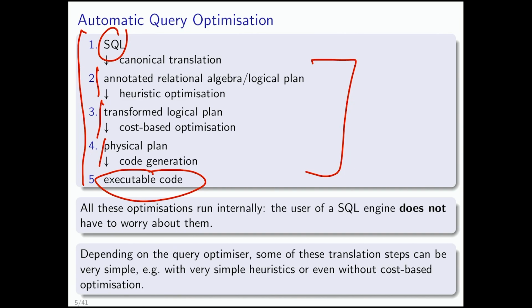I will get to the details in a moment, but basically it's a compilation process, very similar to compiling C++ to an executable. Except that we don't have C++ here, it's SQL. It's a domain-specific language being translated to an executable program. And the good thing is, you don't have to know about that. The user of a SQL engine or database system doesn't have to worry about it unless things go wrong.